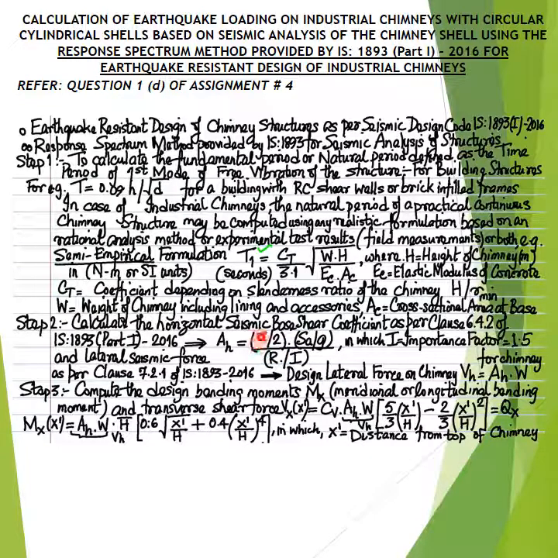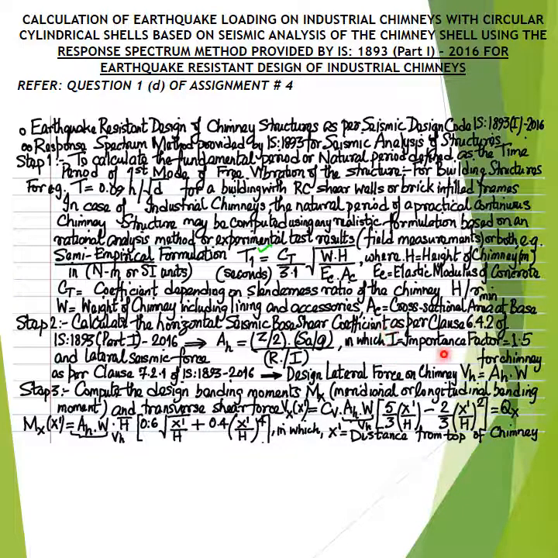that is the seismic zone factor Z divided by 2 times the spectral acceleration normalized with respect to acceleration due to gravity divided by the response reduction factor R over the importance factor I of the industrial chimney.